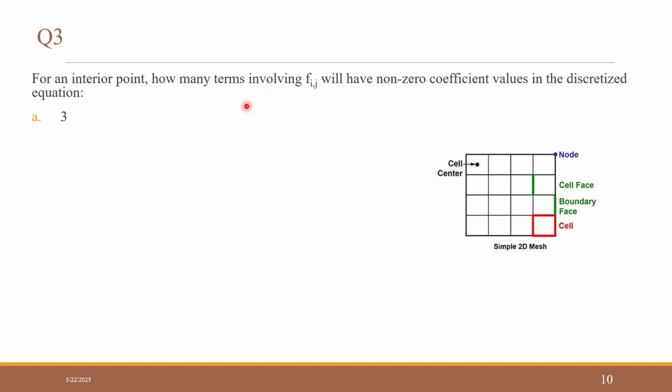Option A 3, option B 5, option C 7, option D none of the above.